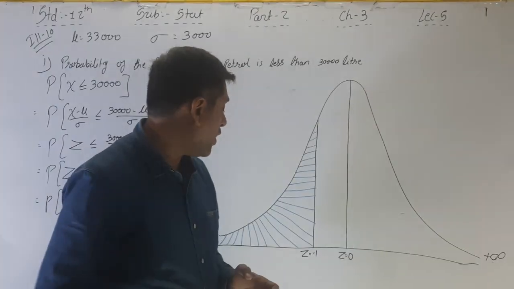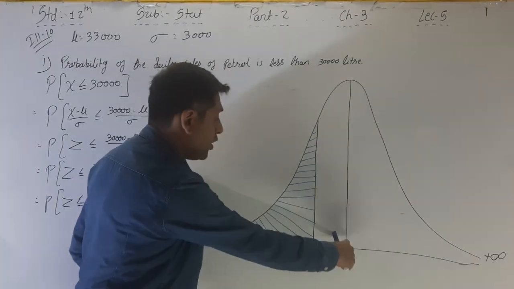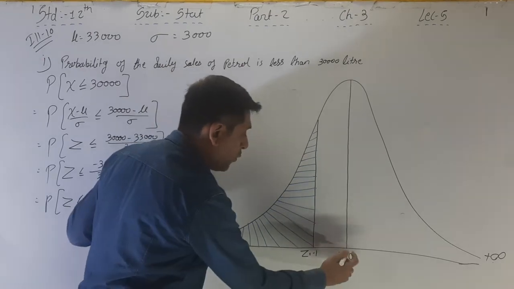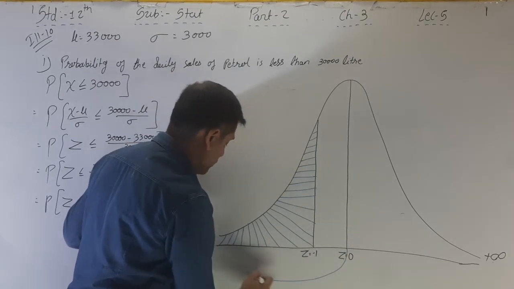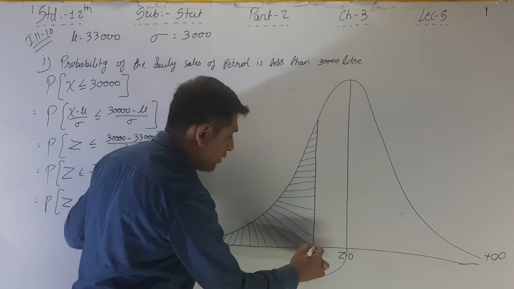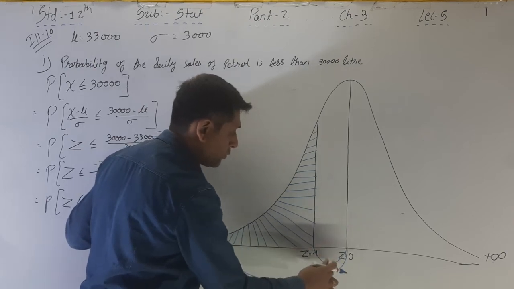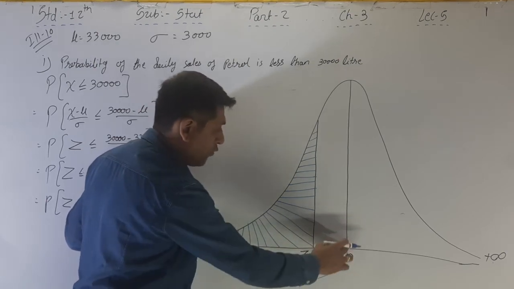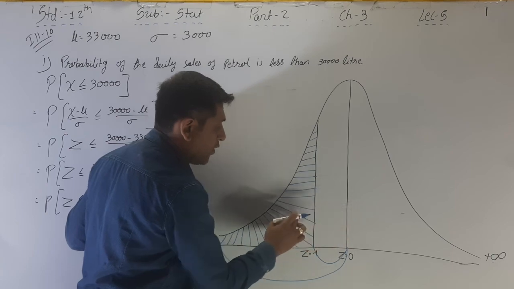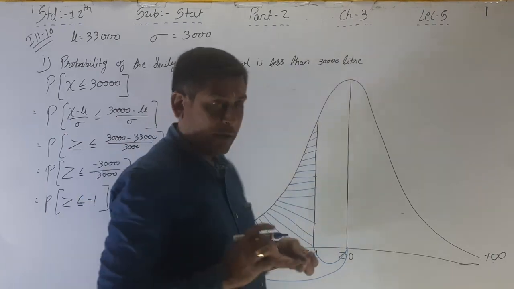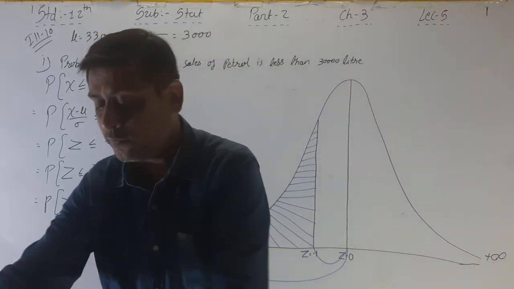So here what we have to do? First, this to this, that is total 0.5, and from this, if we subtract this, then we can find out this. So what is the rule?